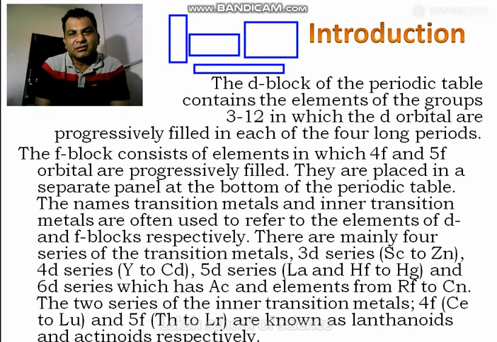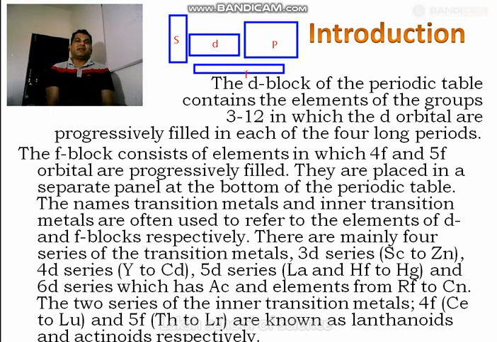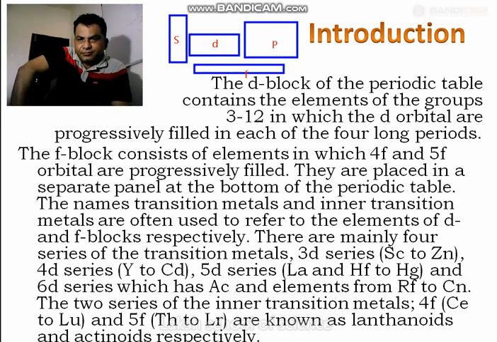This is the flow chart of the periodic table. And here I have to write S block, here I have to write P block, here it is D block, and this is the portion of our periodic table. If we divide the periodic table, it will look like this.